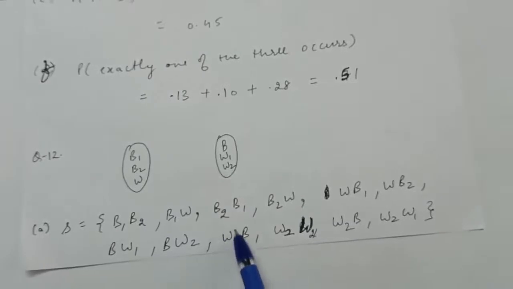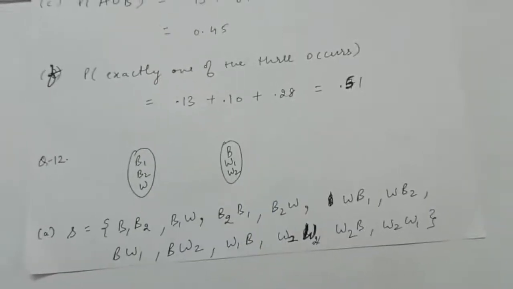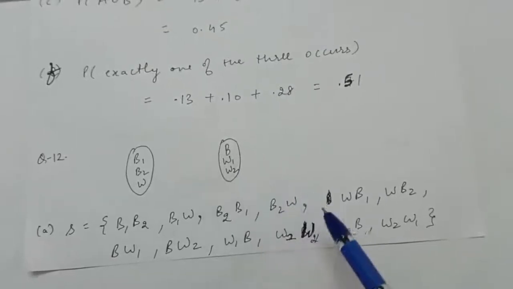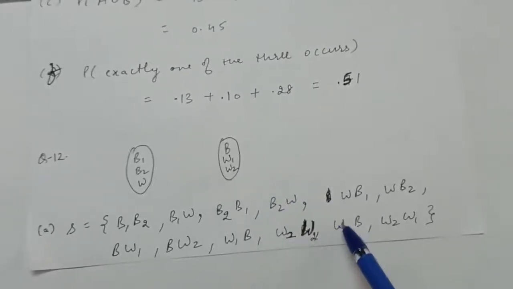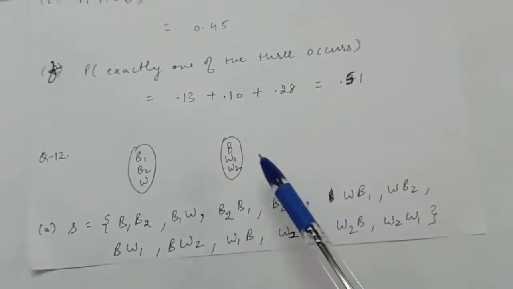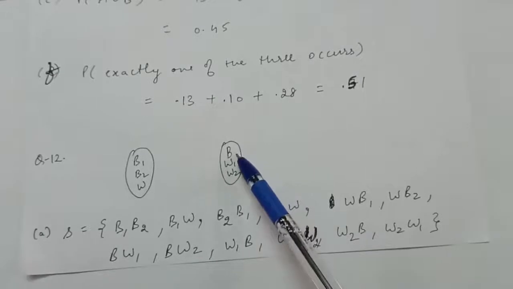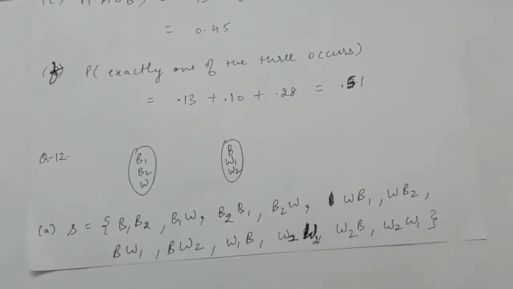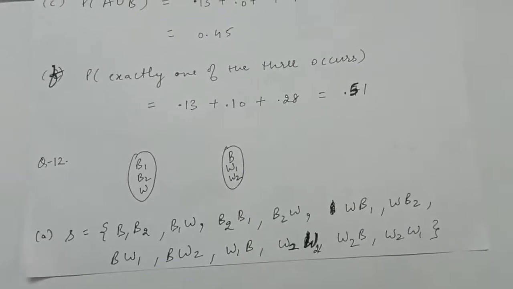If we selected W1 at the first time, then at the second time the ball can be B or W2, or if the ball W2 has been drawn at the first time, so at the second time the ball drawn will be either B or W1. So these are the 12 elements in the sample space.